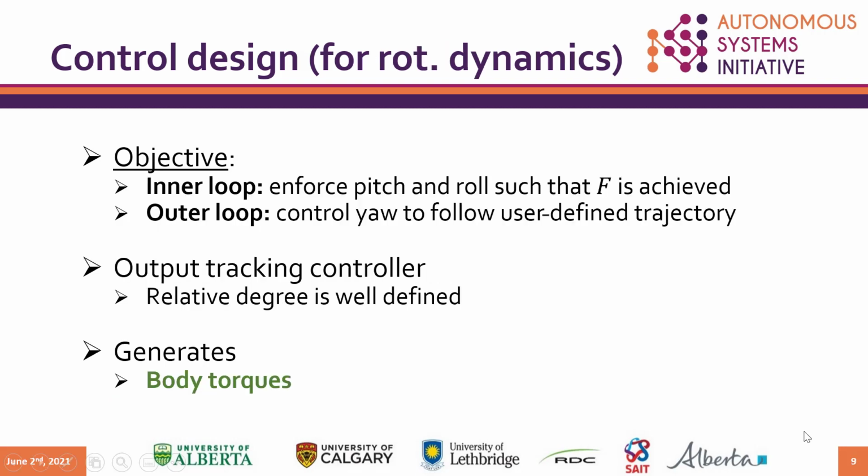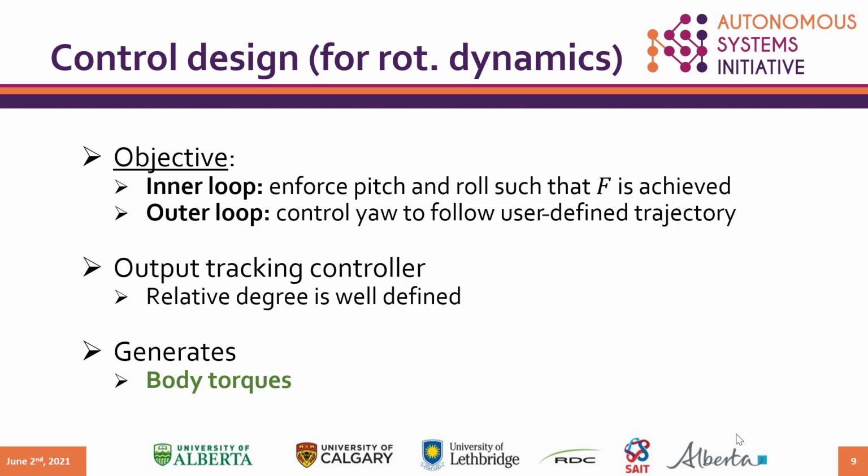We now switch to the control design for the pure rotational dynamics. As we said earlier, the pure rotational dynamics are split between the inner loop and the outer loop. The objective of the inner loop is to enforce pitch and roll angles of the quadrotor such that the force that has been designed using the TP dynamics is achieved.